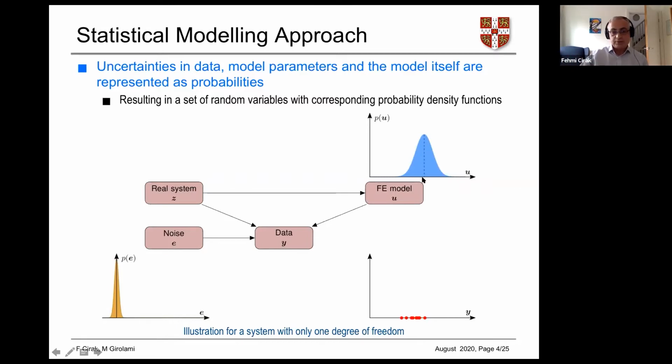The finite element model has this probability density function, with a mean and some variance. I chose a Gaussian here. Then we have the observation noise, which is usually given. Then we have the data, which are just points. We want to use all these probability distributions and the underlying statistical model in order to infer the real system probability density, which we do not know.